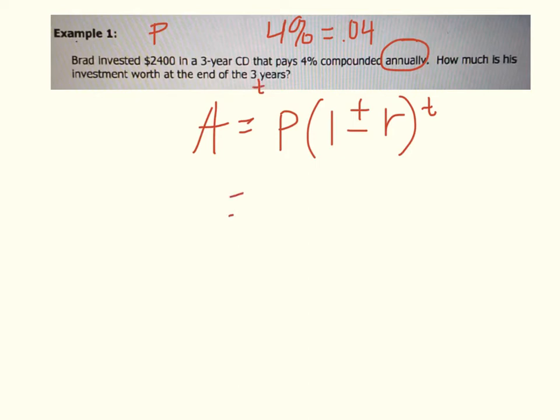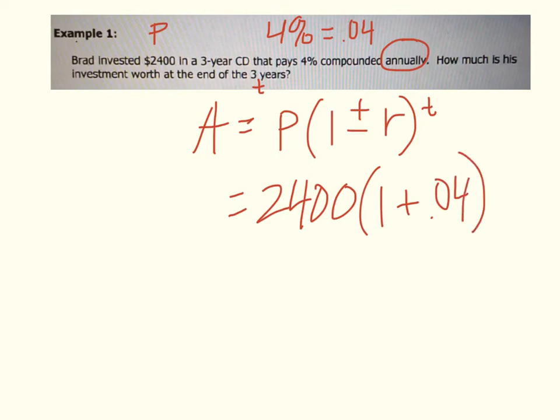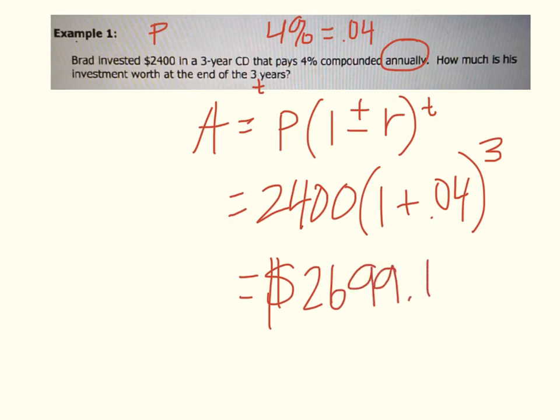So if I plug those in, I have 2,400 times 1 plus, because we are going to make more money, and then our rate, 0.04, raised to the 3rd power for our time. If you plug that into your calculator, you will get $2,699.67.